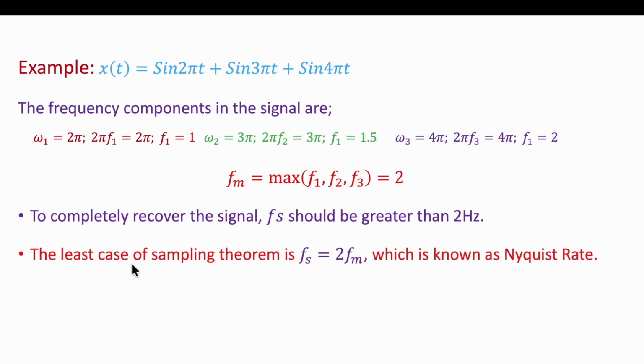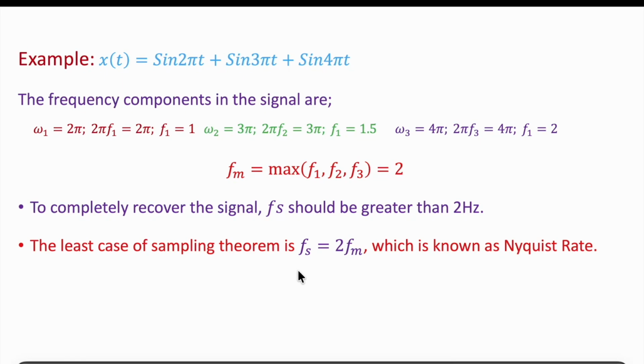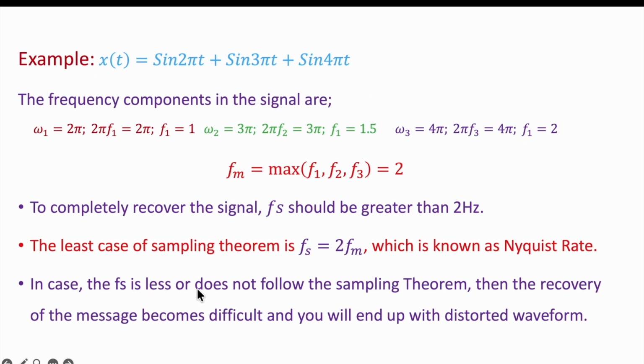The minimum sampling frequency in the sampling theorem is known as the Nyquist rate: fs equals 2 multiplied by fm. In case fs does not follow the sampling theorem, then recovery of the message becomes difficult and you will end up with a distorted waveform.